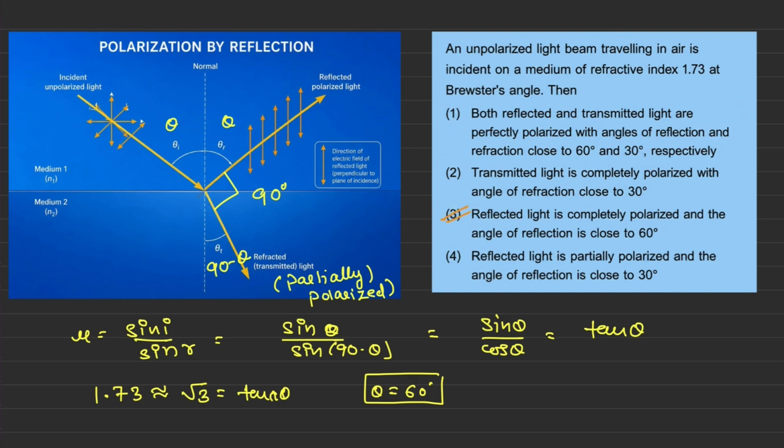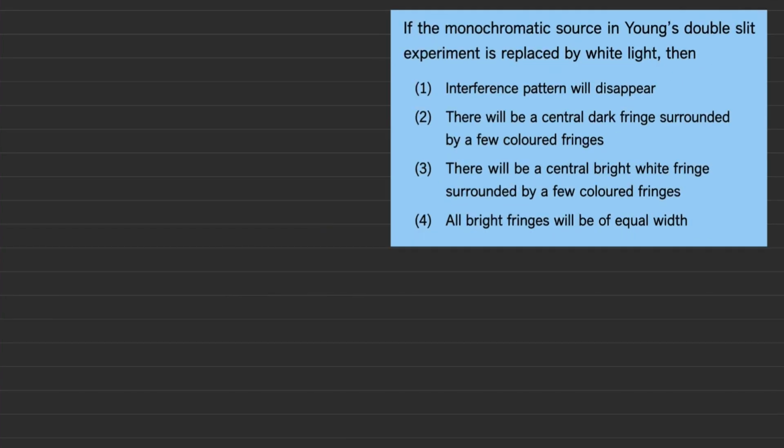Yes, it seems to be the appropriate option. But let us check the fourth option also. They are saying reflected light is partially polarized and angle of reflection is close to 30 degree. No, that is not correct. Just now we have done the calculation, so we are able to see the angle value equal to 60 degree. Thank you.